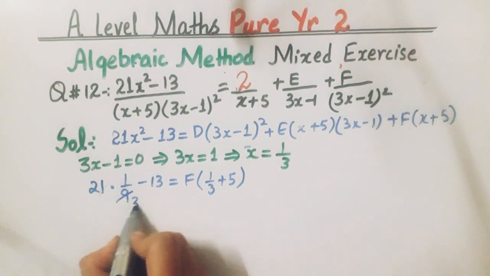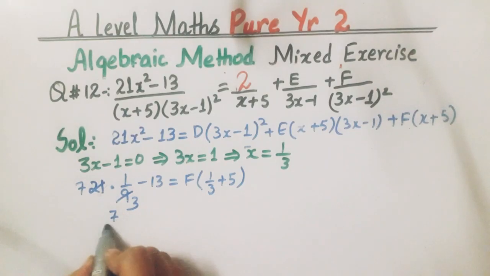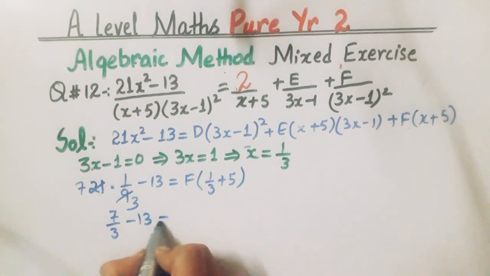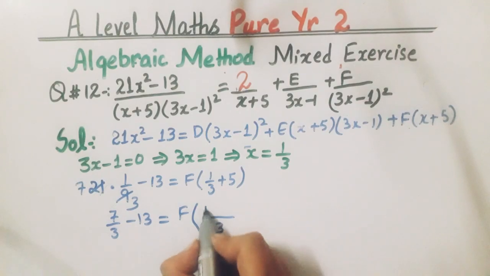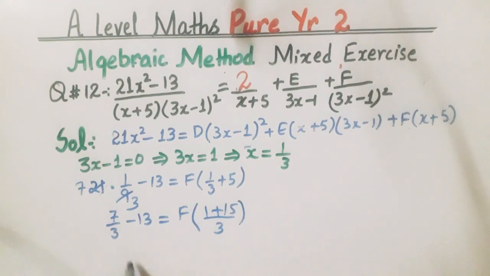So we get 7 over 3 minus 13 equals f into, by taking the LCM, LCM is 3, so 1 plus 15. Now we will take the LCM of this, so LCM will be 3, so 7 minus 39 equals f into 16 by 3.